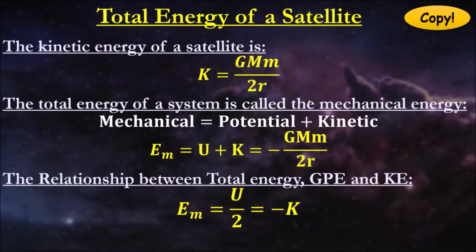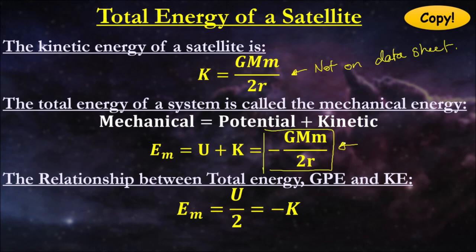Okay, so these are the formulas that we looked into. We said that kinetic energy is demonstrated by this formula here. Now, this one isn't given to you on your data sheet, so you will need to remember it by heart, or at the very least be comfortable enough to derive it by yourself. Gravitational potential energy is on your data sheet. However, total energy is not on your data sheet.